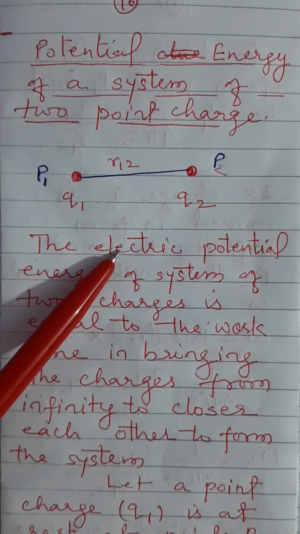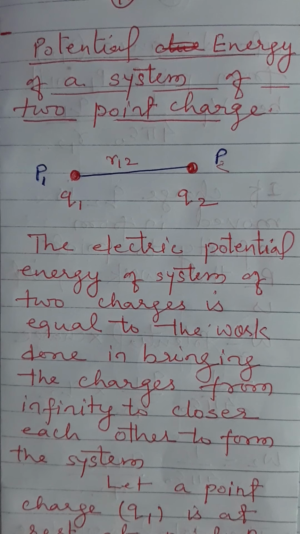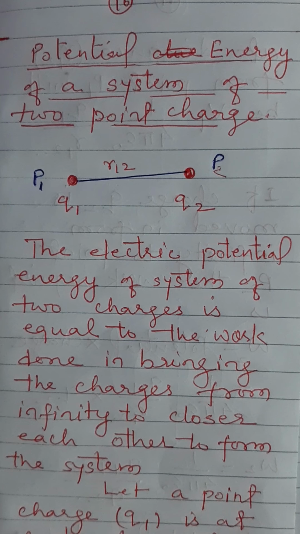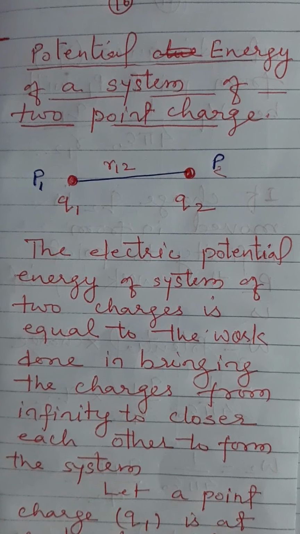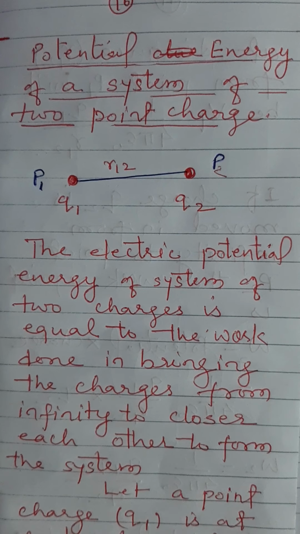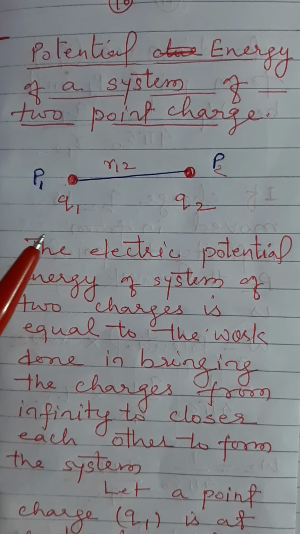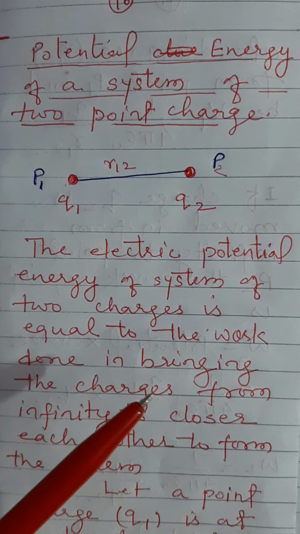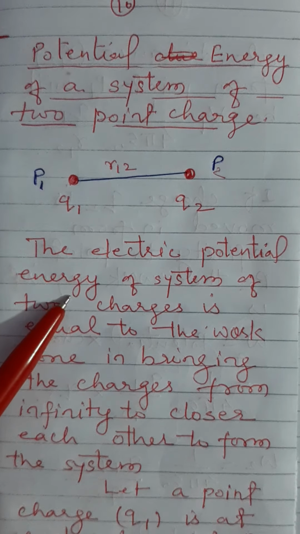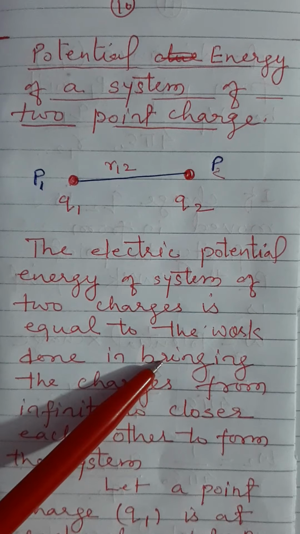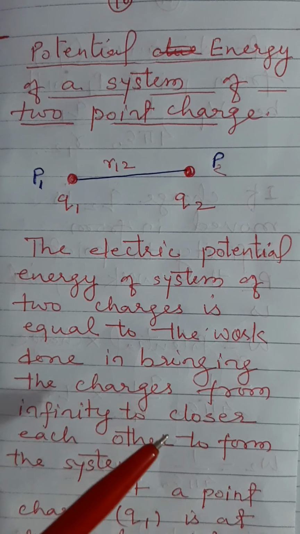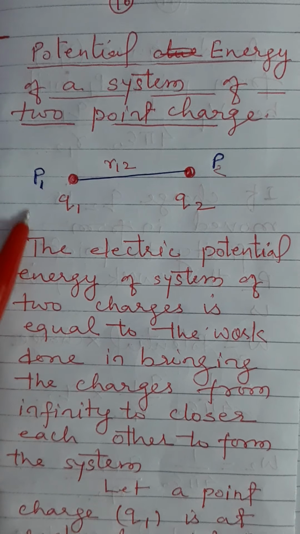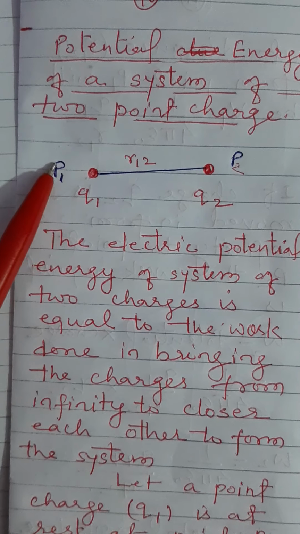Now let us calculate the potential energy of this system. Point P1 and point P2 are where the charges Q1 and Q2 are. First we bring charge Q1 to place P1.